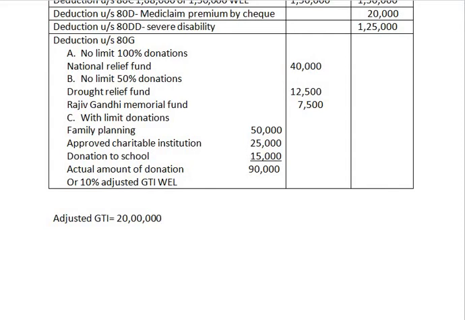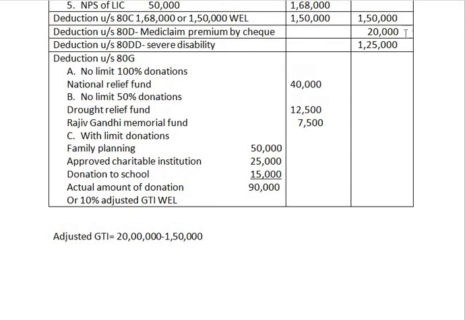From this 20 lakh rupees we have to deduct the deduction under section 80C, that is 1,50,000. Then the deduction under section 80D, which is 20,000 rupees. Then the deduction under section 80DD, which is 1,25,000 rupees. And the remaining balance is known as adjusted gross total income.